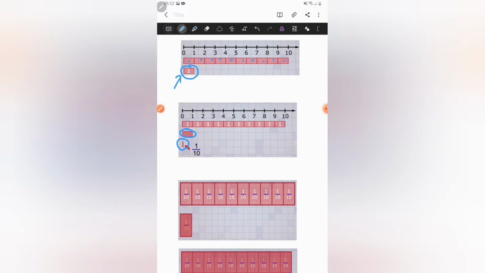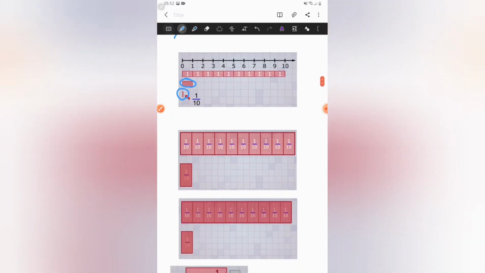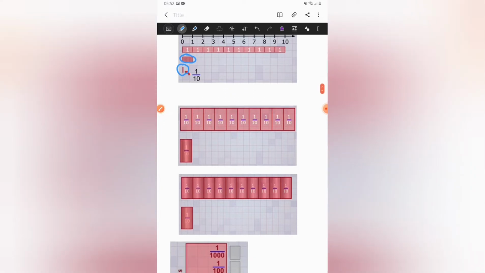So 1/10 is the smaller piece now, and let's break it down again into smaller pieces. This is actually 1. We separate them into 1/10.